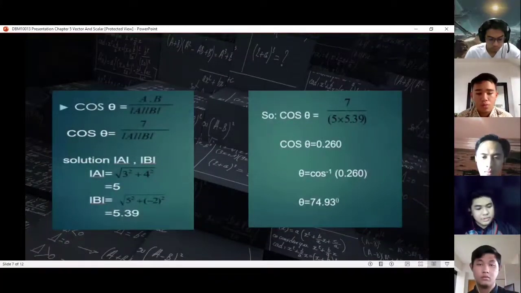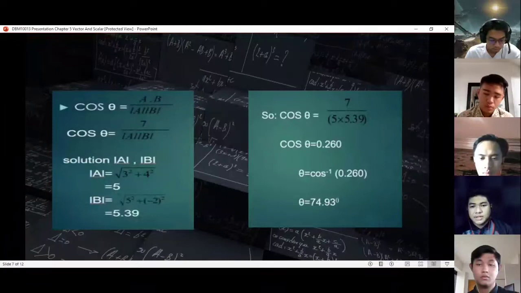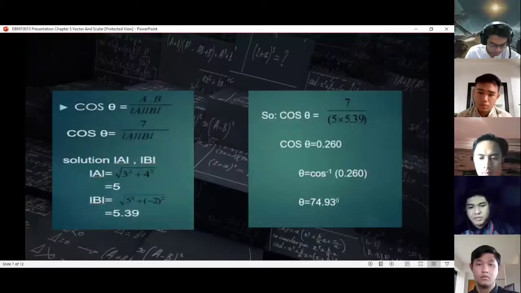So cos theta equals 7 over 5 times 5.39. Then cos theta equals 0.260.